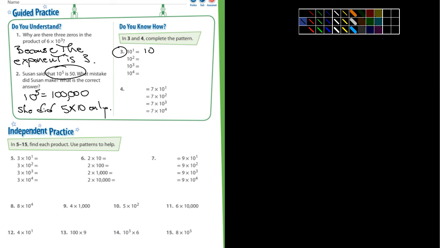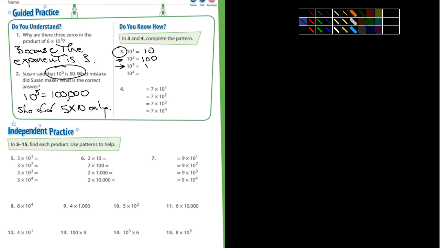Say again? Oh, well, everybody's on that problem. That would include you. So, Mr. Williams, this one I'm looking at right now, 10 squared, what would that be? Yeah, 100. And then 10 cubed, what would that be? It'd be 1 followed by how many zeros?